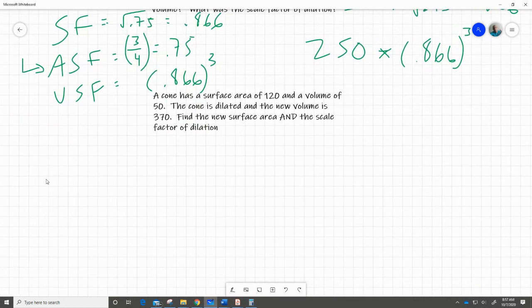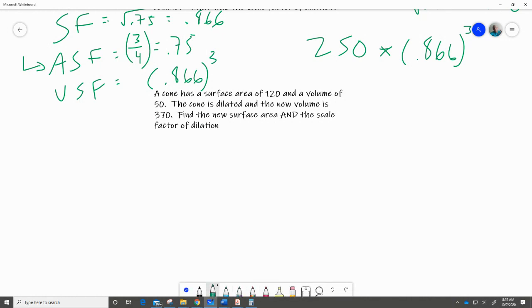On this last one, a cone has a surface area of 120 and a volume of 50. The cone is dilated and the new volume is 370. Find the new surface area and the scale factor of dilation. So the scale factor is not given to us, the area scale factor is not given to us.